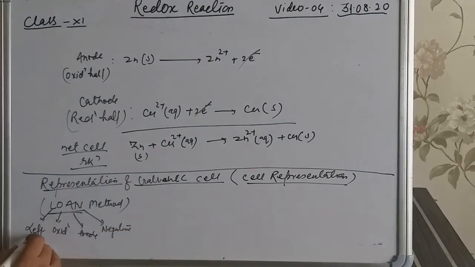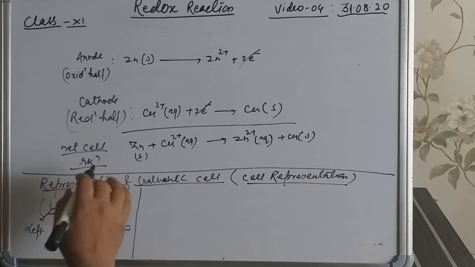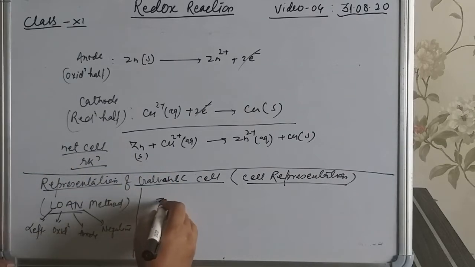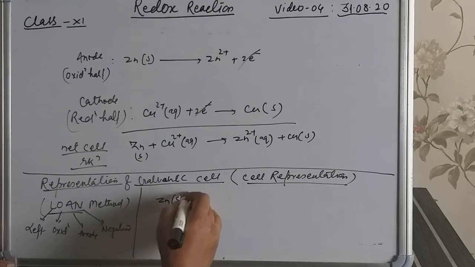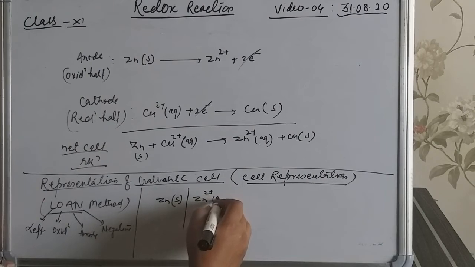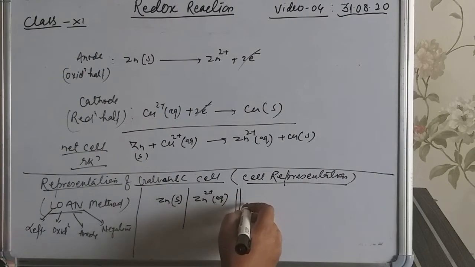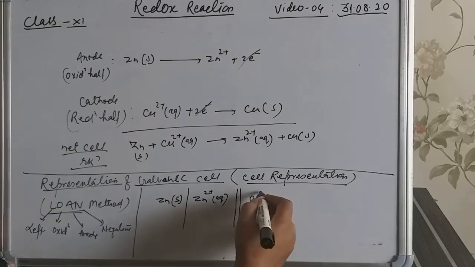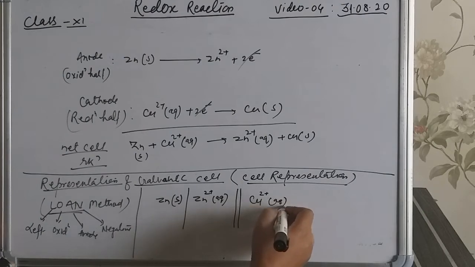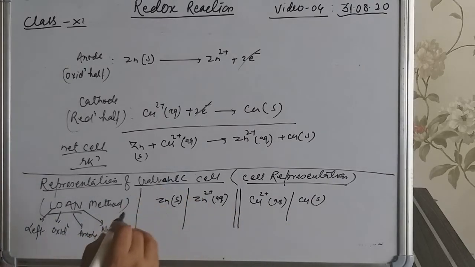Left side always oxidation takes place, oxidation takes place at the anode, and the anode is negatively charged. So find the negatively charged electrode. This is the zinc solid, and the single bar given here shows it gets converted to zinc ion, which is in aqueous form. Here the double bar indicates the salt bridge, and on the right side is the reduction species. In this form we can represent the cell reaction.